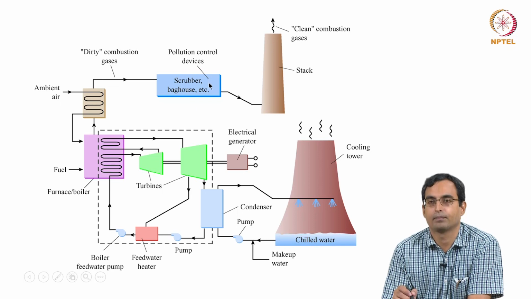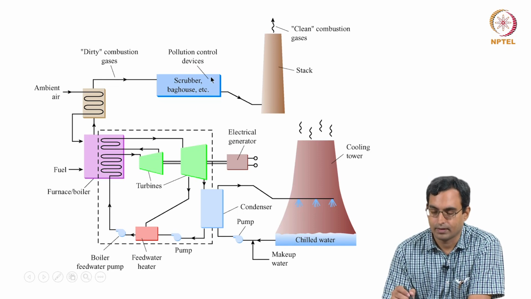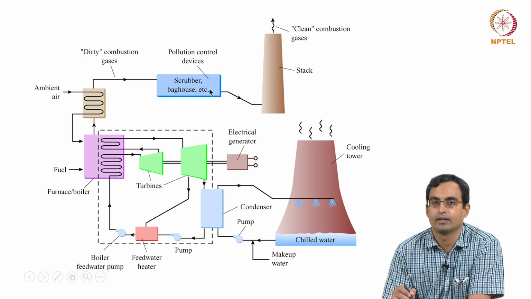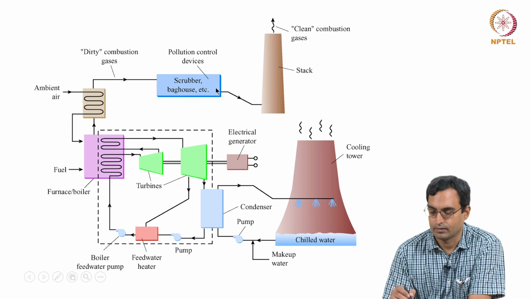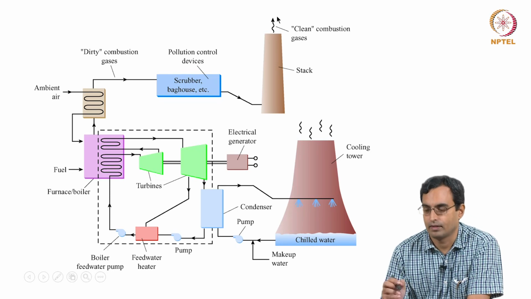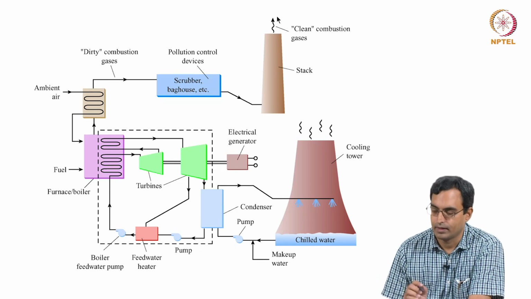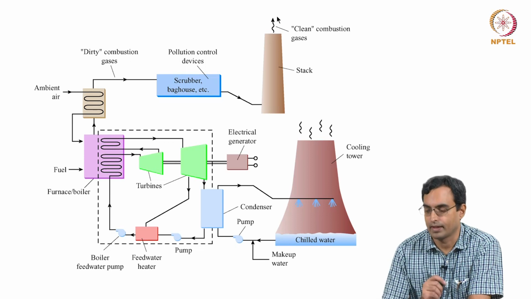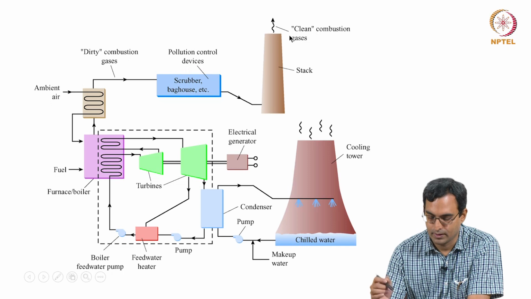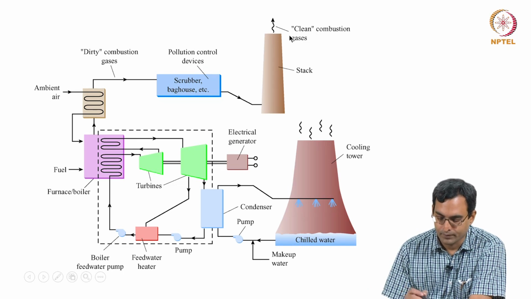Since they may have some unwanted substances like oxides of sulfur or nitrogen, they are sent to pollution control devices where some of these are removed, and then they are sent to a stack where they cool, and finally you are left with relatively clean combustion gases, which will of course have a lot of carbon dioxide and water vapor as the main constituents.